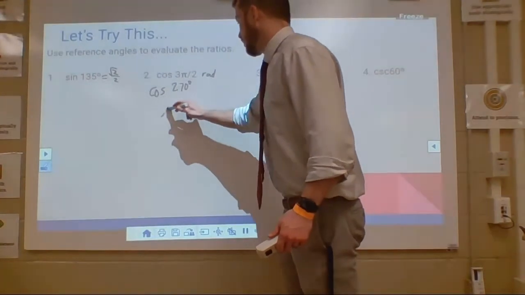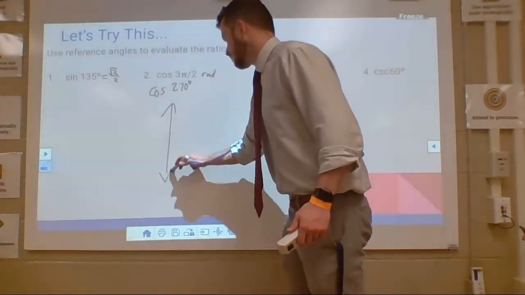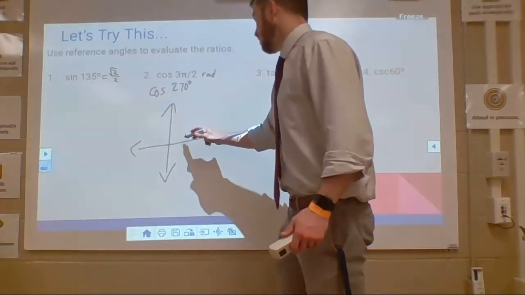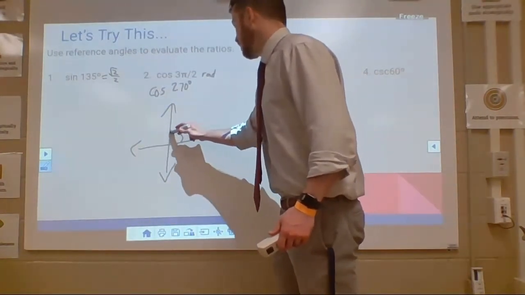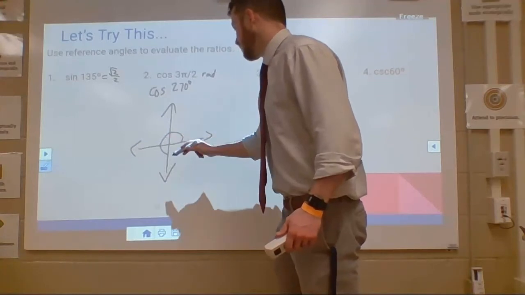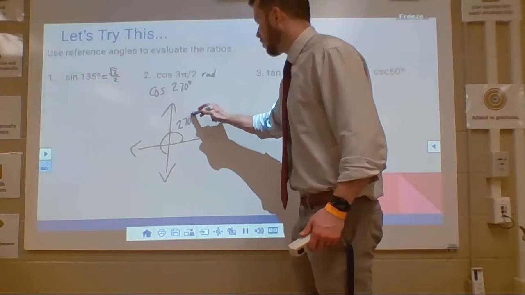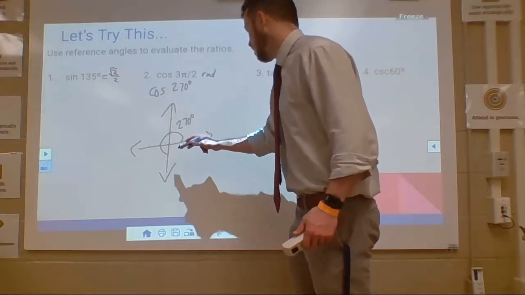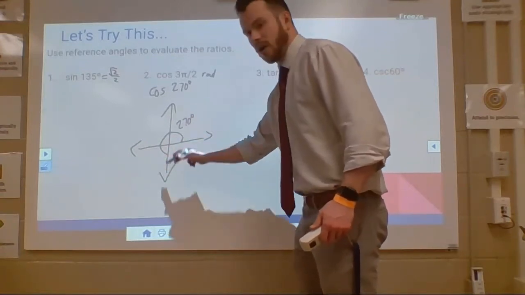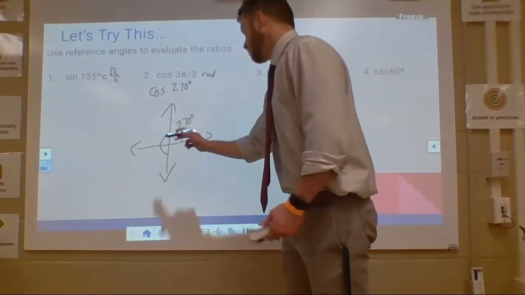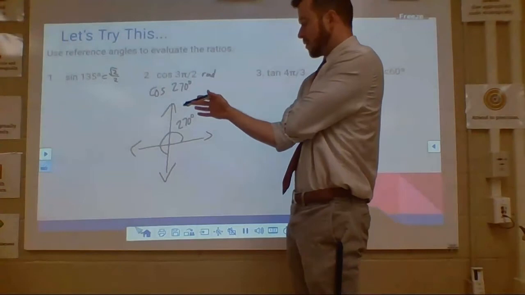Let's see here. I'm going to draw that. And I'm going to go 90 degrees, 180 degrees, 270 degrees. Well, this is a little bit weird here. What we have is the terminal side is actually falling along the y-axis. So you should already know this from your unit circle.